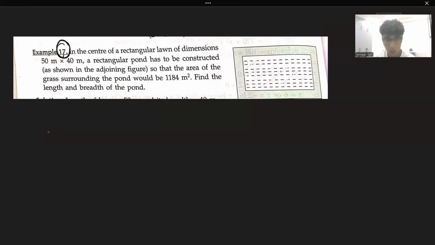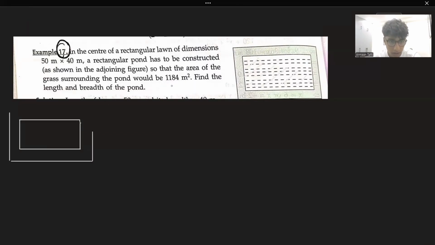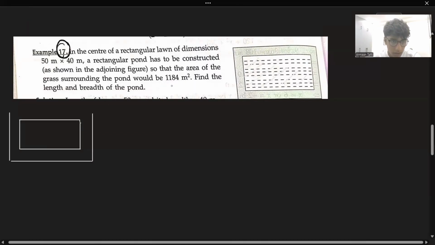So let me just draw my own figure here once. So let's say this is our pond. And now around this we have our full garden, right?